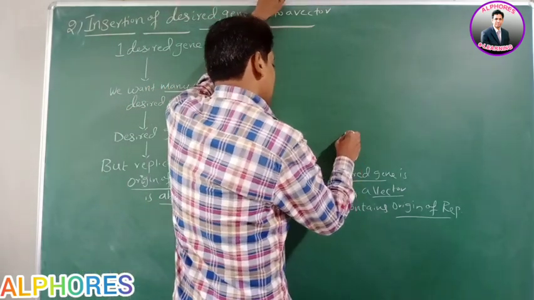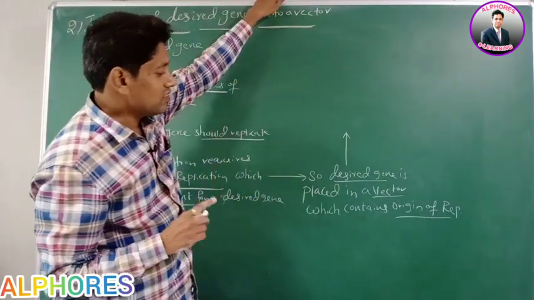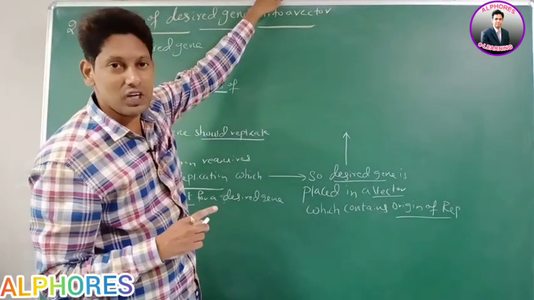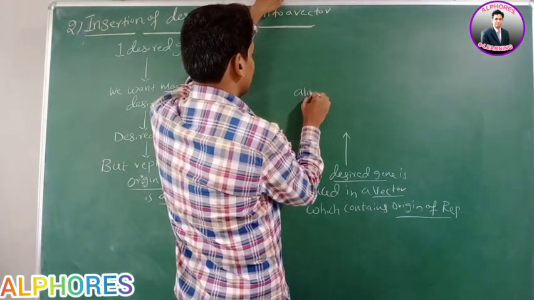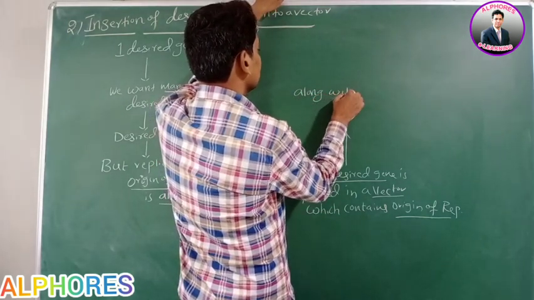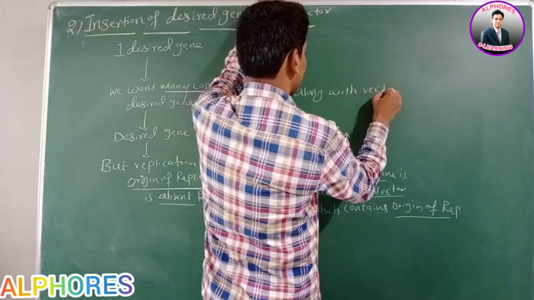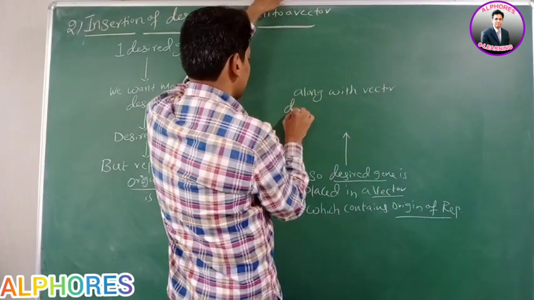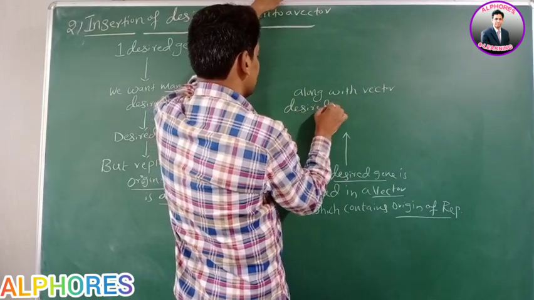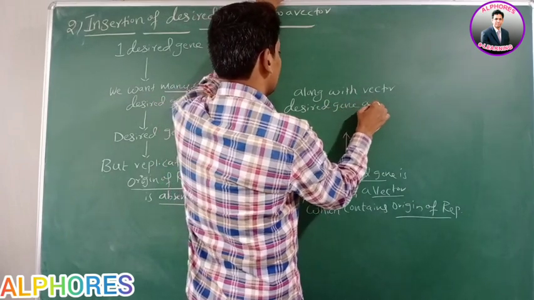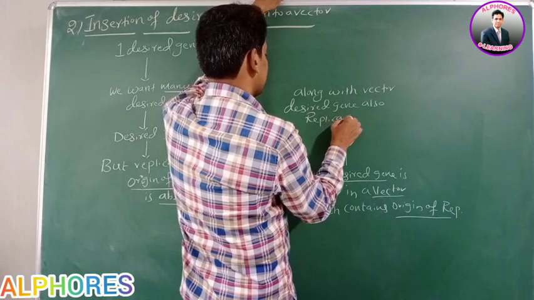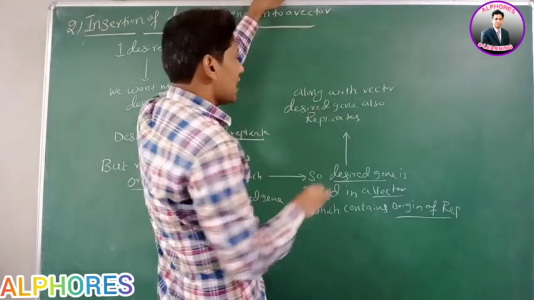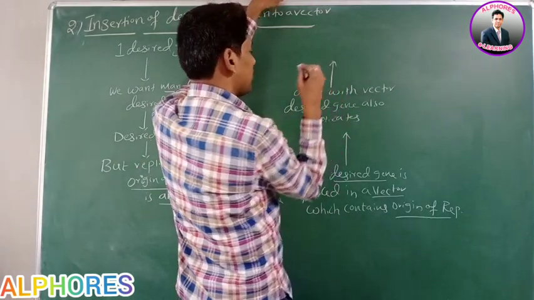Right? So the desired gene is placed in a vector which contains an origin of replication. So what happens, sir? Along with the vector, the desired gene also replicates. Sir, if the desired gene replicates, what happens?